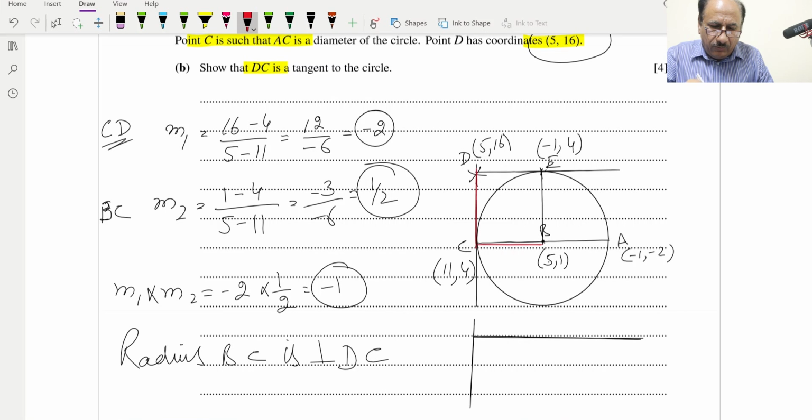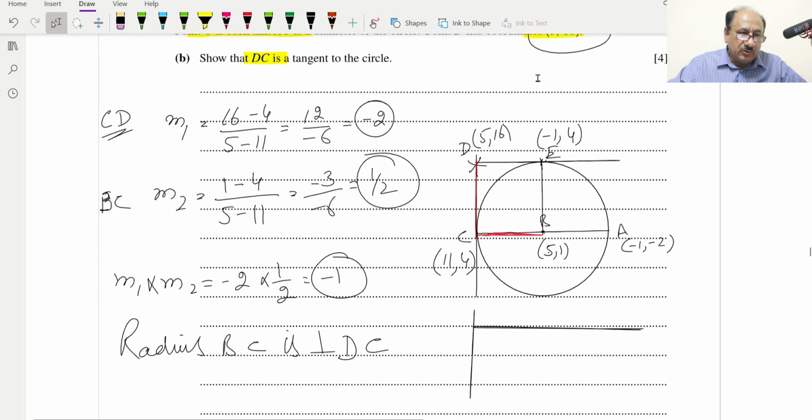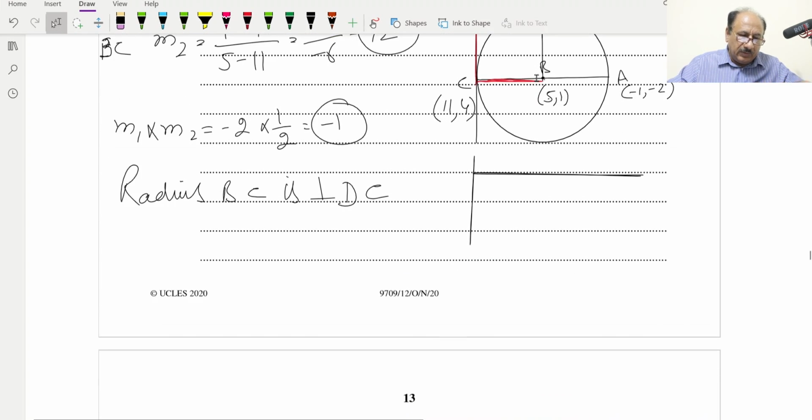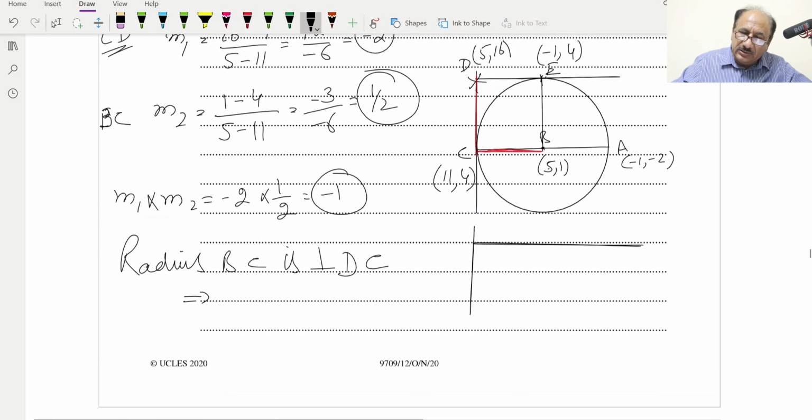We have found the gradient between these two sides, and the product is minus 1. So we can write that radius BC is perpendicular to DC. We know that if a radius is perpendicular to the tangent, it makes an angle of 90 degrees, and DC will be the tangent to the circle.